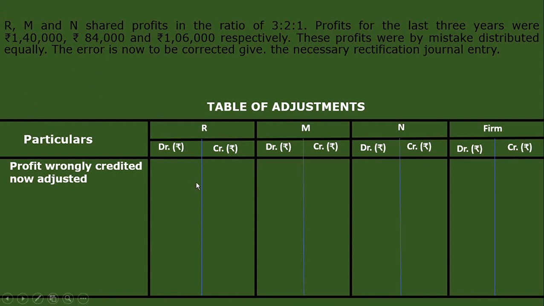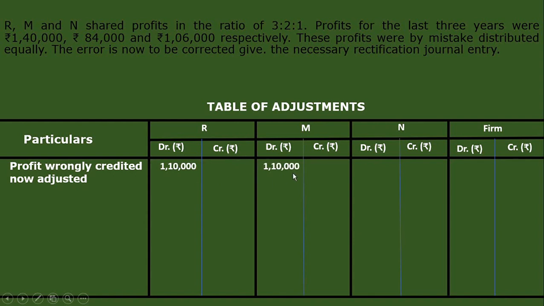So each of those partners got 1,10,000, and that 1,10,000 you have to write in the debit side of the capital account. Why in the debit side? Because they have wrongly got this profit, and therefore we have to rectify it, and as we credited earlier, so now we have to debit it.